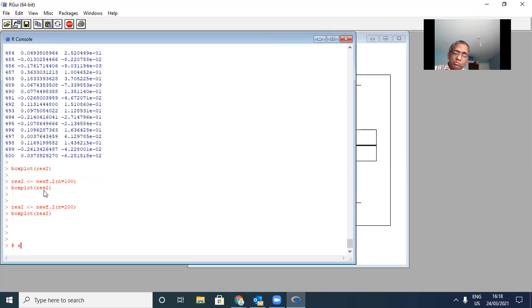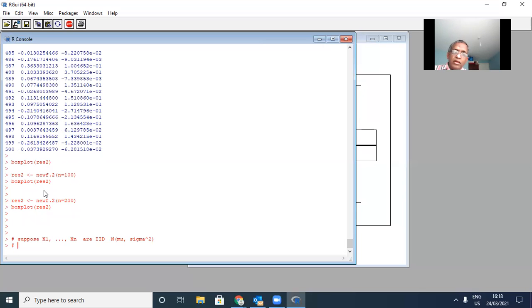All right, the next thing I'm going to talk about is the following. I don't know whether you remember this result I mentioned in the class some time ago. If you don't remember, please go and look at the video. Suppose you have n random numbers from a normal distribution with parameters mu and sigma squared.